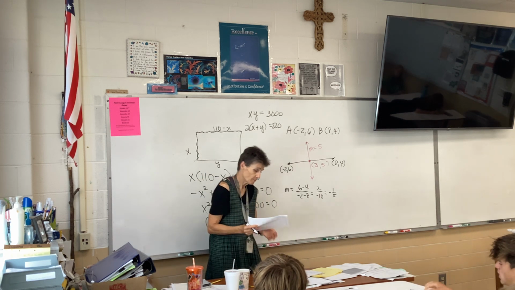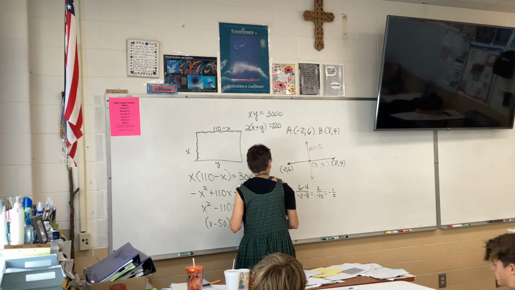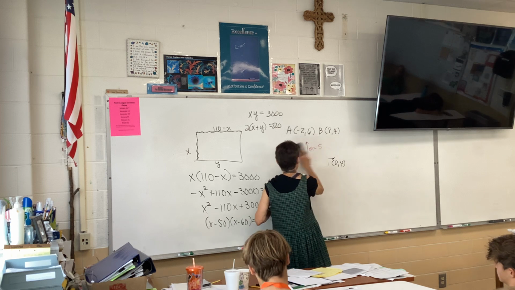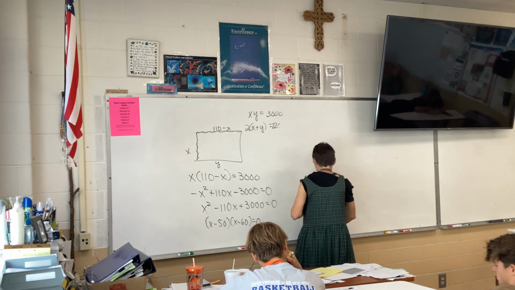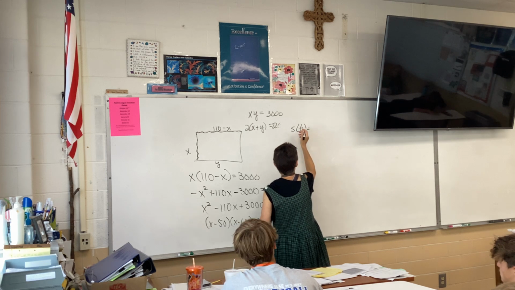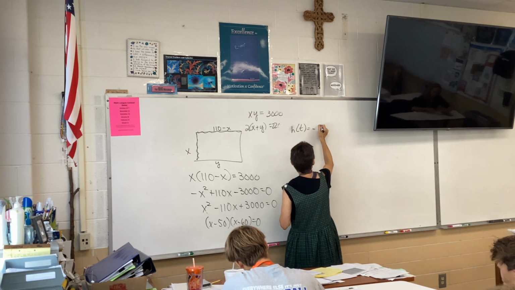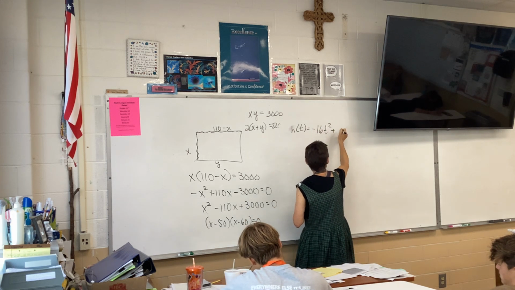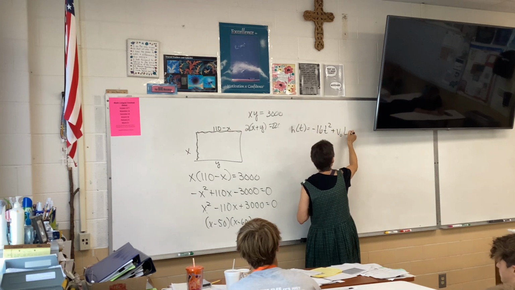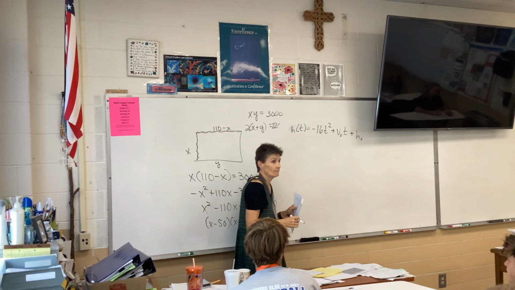On the review, number 4. Okay, we need to know our basic projectile motion formula, which is what? This is H, sometimes it's S. H of T equals negative 16T squared plus V sub naught T plus H sub naught, right?